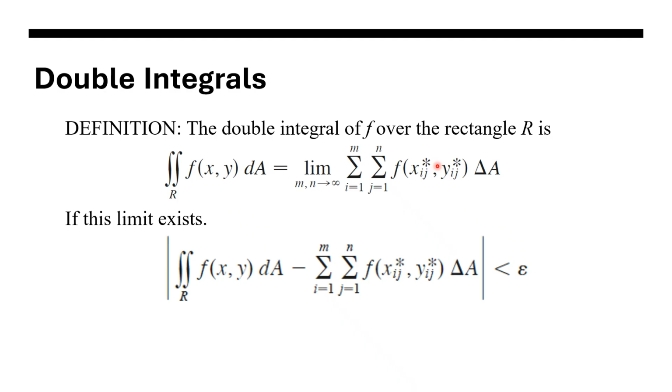Take note that epsilon is greater than zero, meaning it is positive. So for all integers m and n greater than N, and for any choice of the sample points in the R sub ij.